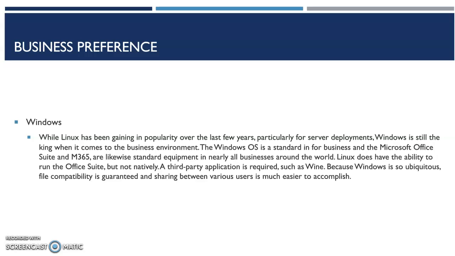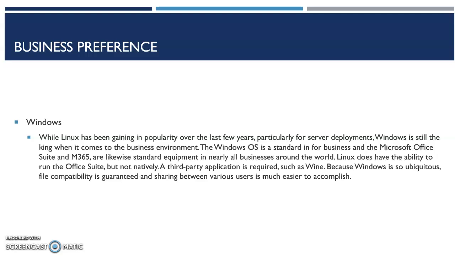The Windows OS is a standard for businesses around the world. As I mentioned, also the software, Microsoft Office Suite and M365, are also standard equipment in nearly all businesses around the world. Linux does have the ability to run the Office Suite, but it's not native. A third-party application is required, such as Wine, because Windows is so ubiquitous.